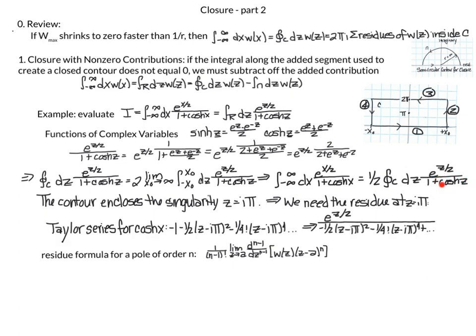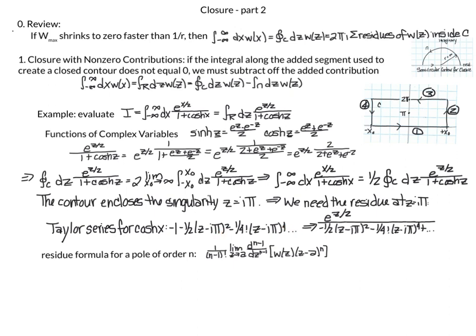So to expand cosh of z, we have the Taylor series, and this is given in the book, so I was lazy and I didn't actually expand it myself. But cosh of z, because it's a Taylor series, it's analytic, is equal to minus 1 minus 1/2 (z minus i pi) squared minus 1 over 4 factorial (z minus i pi) to the 4th, and that's all we need.